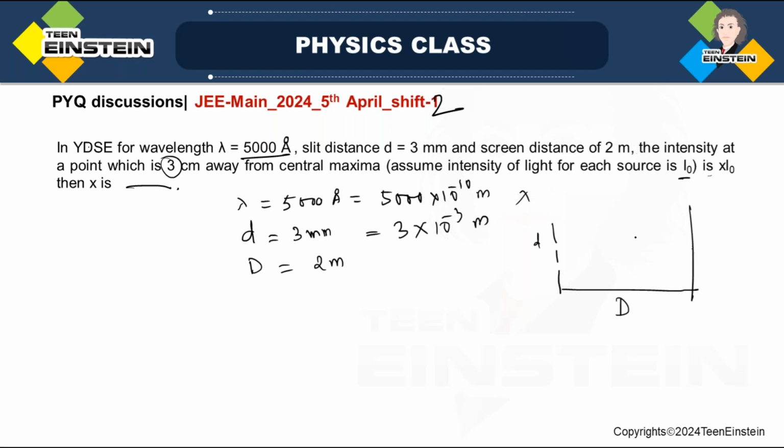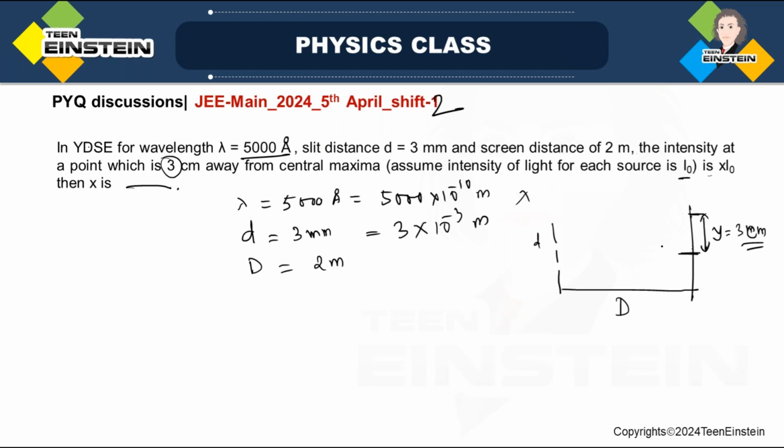So in this case, I have to see whether the point which is 3 centimeter away from the central fringe, suppose y is given as 3 centimeter, is a position of a bright fringe or a dark fringe.